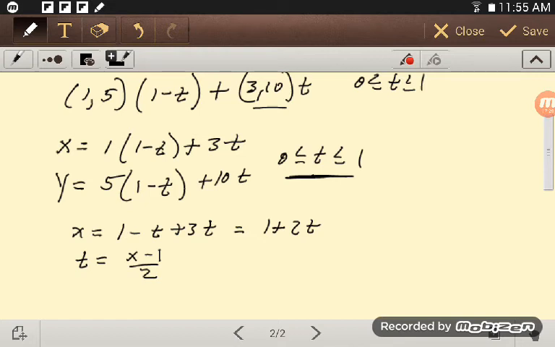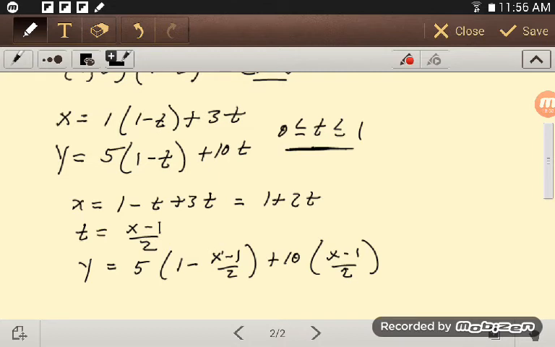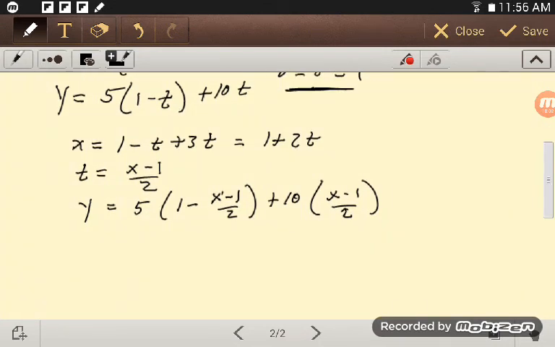Now, if I plug that in for y, you see I get y is equal to 5 times 1 minus t, which is (x minus 1) over 2, plus 10t, so 10 times (x minus 1) over 2. And you see that it's pretty plain that this is going to be linear, because I'll just get a minus 5x over 2 here, and here I'll get a 10x over 2, right? But there's no x squared, it's nothing like that. And so this is linear.